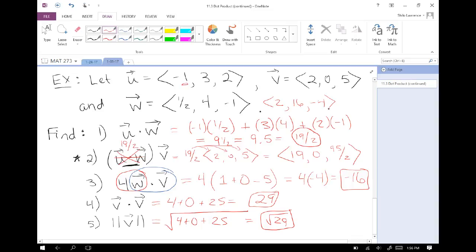And then if we dot that with V, we're going to get 2 times 2 is 4. 0 times 16 is 0. Oh, you probably did something with the 16 to get such a big answer. Yeah, I added them all. And then 5 times -4 is -20. So your way, the dot product would have been 4 plus 0 minus 20, which is still -16.